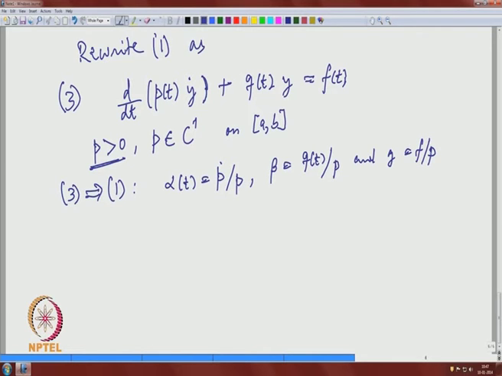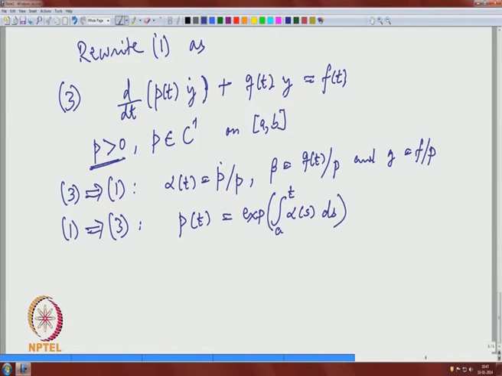And for the converse, you have to just find what p is, and p comes from this. So, put p(t) equal to exponential of the integral from a to t of alpha(s) ds.